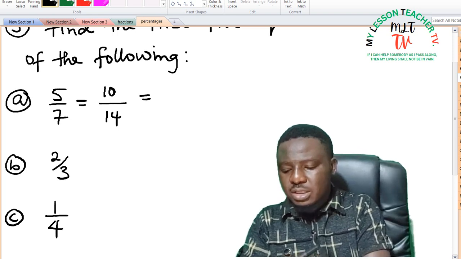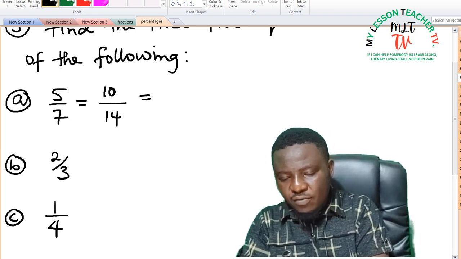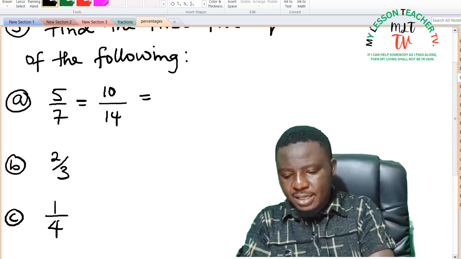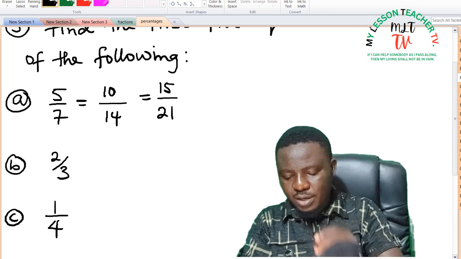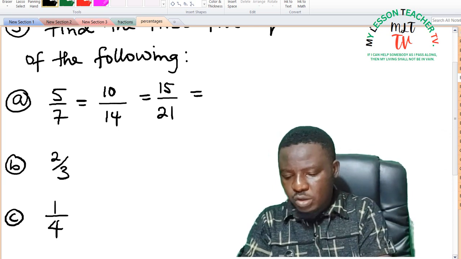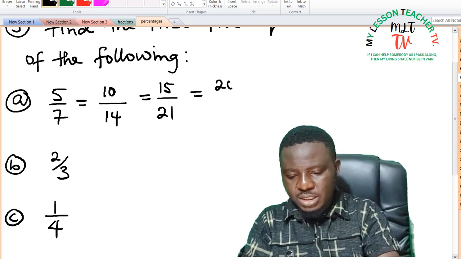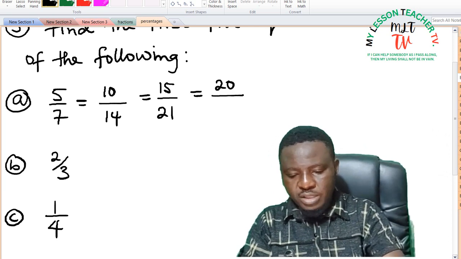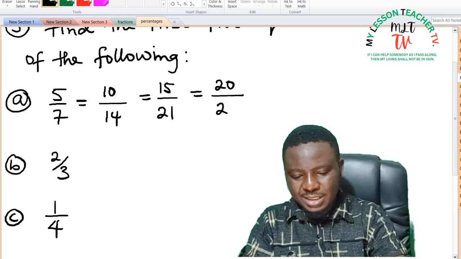Still multiply 5 over 7 by 3, this is 15 divided by 21. 5 over 7 by 4: 4 times 5 is 20 divided by 4 times 7 is 28.